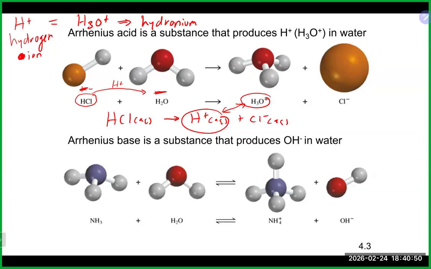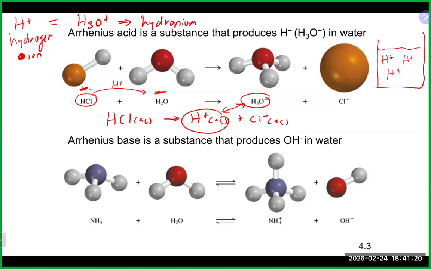But H plus, H3O plus, pretty much same deal. It basically represents the acid part of the solution. Now, what makes something an acid is its ability to produce, and this is important, free H plus or H3O plus in solution, not attached to anything else, just free floating around.